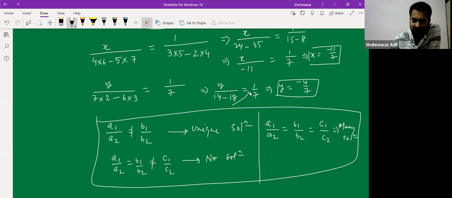And this goes here, right? So this cross goes in the multiplication side, cross multiplication, right? Sorry, I ate one step. So let me write. So this is y upon minus 4 is 1 by 7, right? So this goes here. So this becomes minus 4 by 7, right?